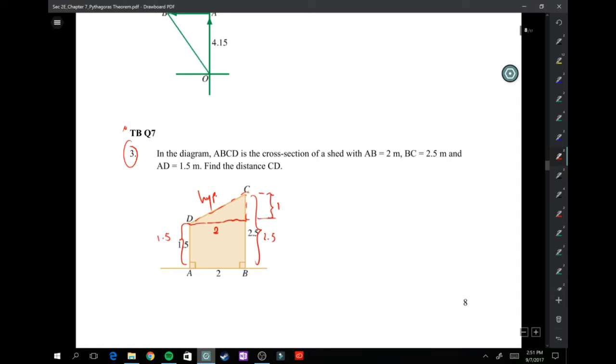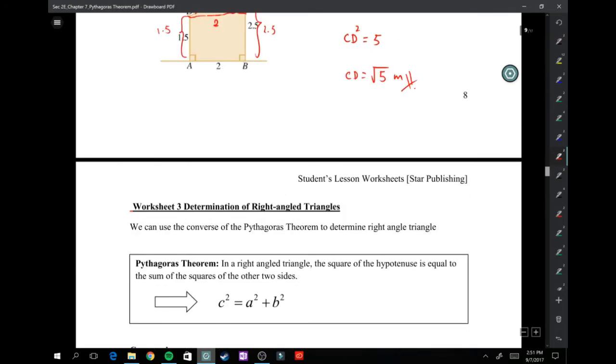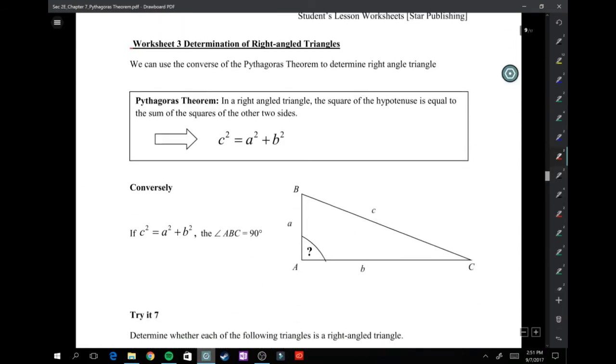It's as simple as that. So CD square equals 1 square plus 2 square. That is CD square equals 5, and CD equals square root of 5 cm. Oh, sorry, meter. So I think it's quite simple. The harder part will be when I mix in simultaneous equations, which I'll go through in class tomorrow.